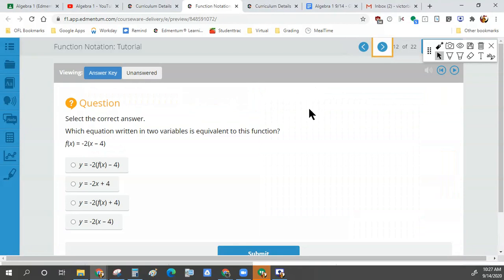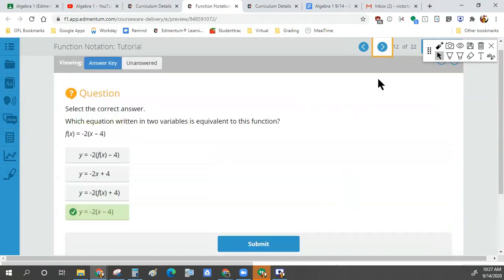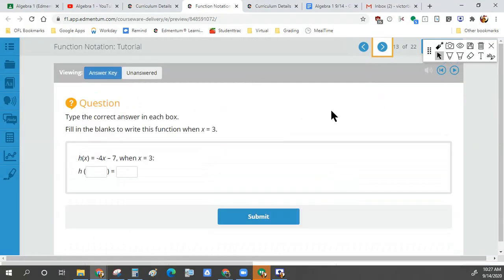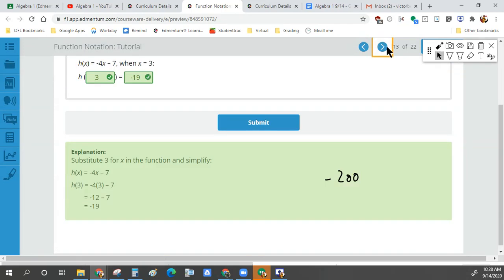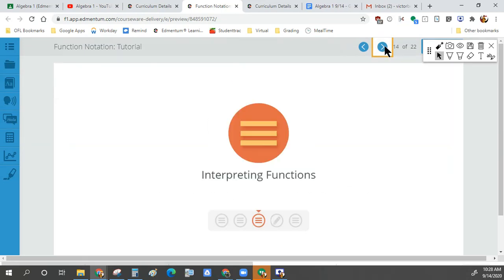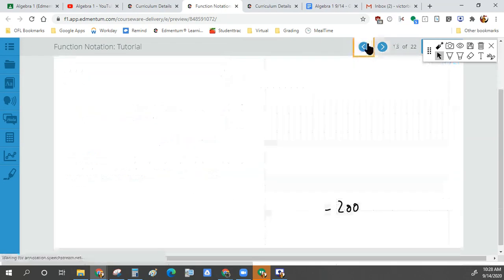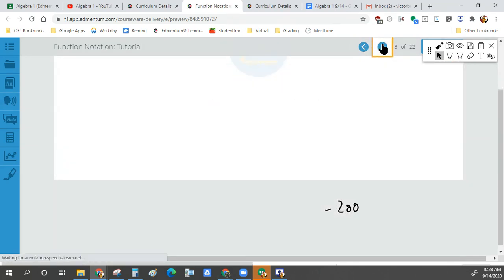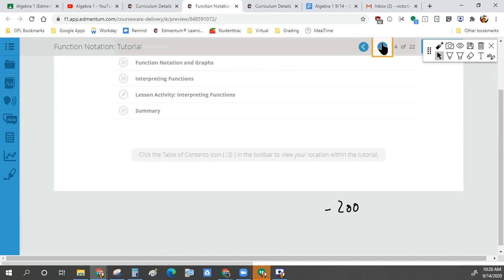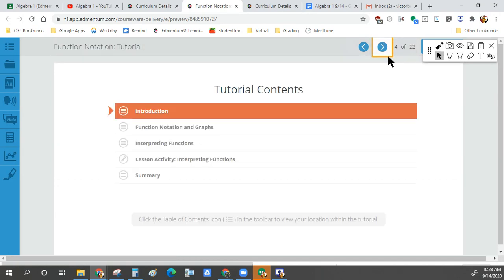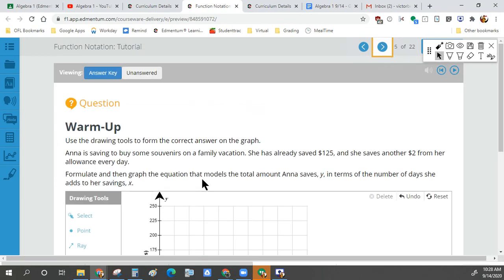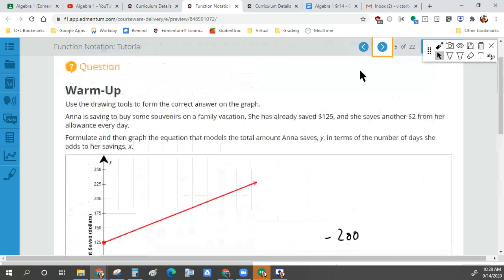Where's my graph? I'm trying to find where I left my graph. Does anyone remember what slide the graph was on? Graph notations and functions. Oh, here it is.